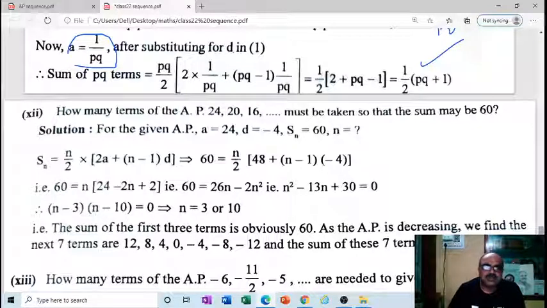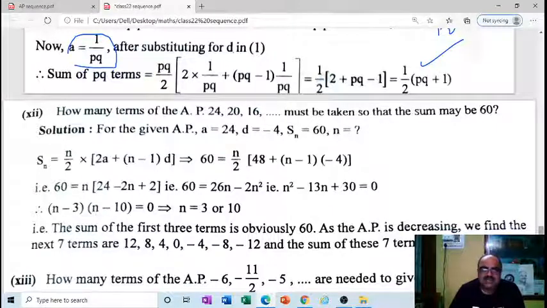Sn is equal to the same formula, n by 2 into 2a plus n minus 1 into d. A is known, n we don't know, d we know, Sn is known to us. Substitute. Sn is 60, n by 2, 2 into 24 which is 48, plus n minus 1 into minus 4.